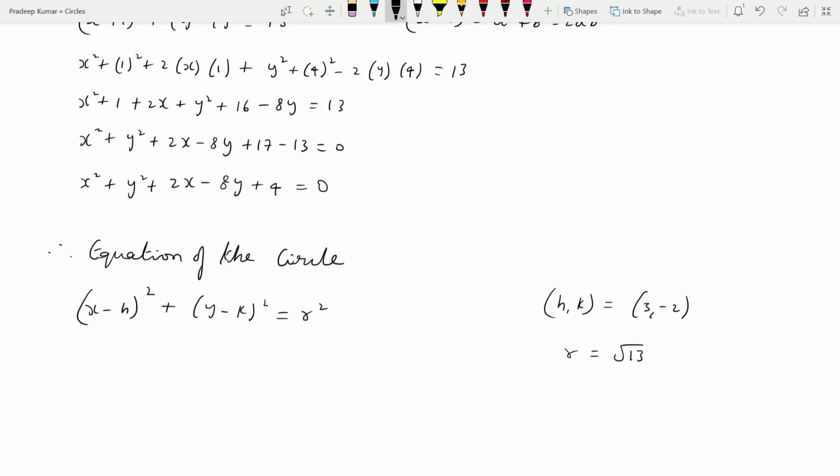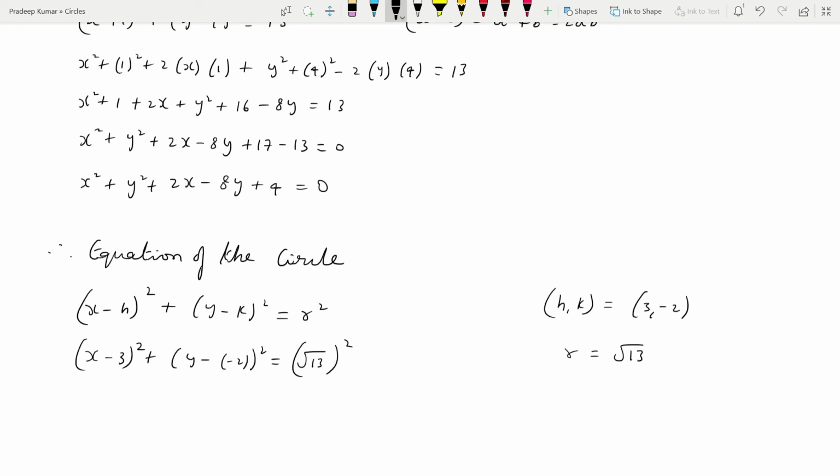So let's substitute over here. This I can write as (x minus 3) whole square plus (y minus (minus 2)) whole square equal to root 13 whole square.